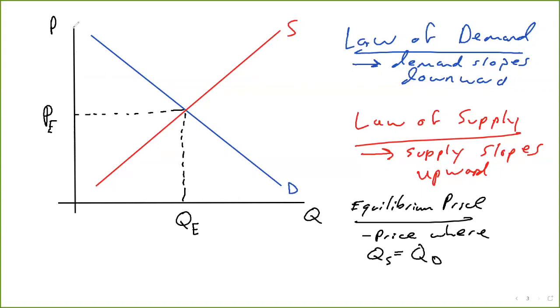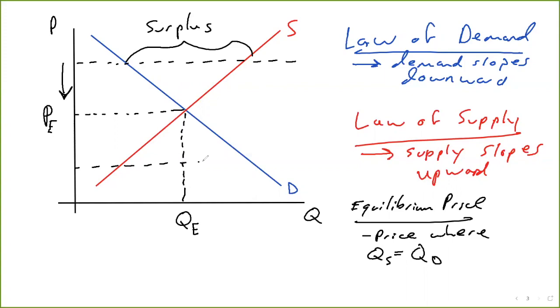If we let the market do its thing, we find that if we're above the equilibrium price, we have a surplus and prices tend to fall towards the equilibrium price. And if we are below the equilibrium price, we have a shortage and prices tend to rise towards the equilibrium price. So that's this module in a nutshell.